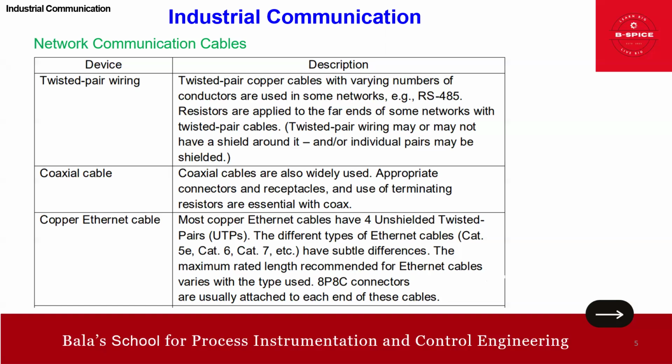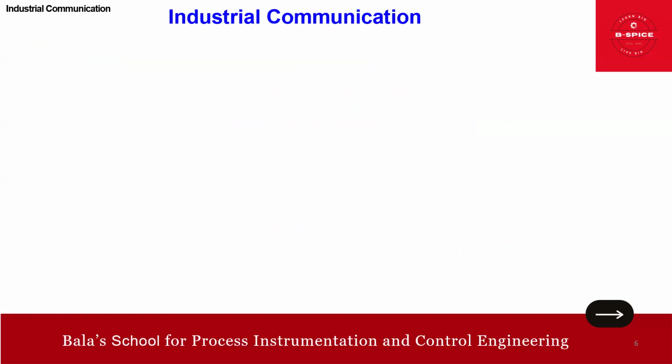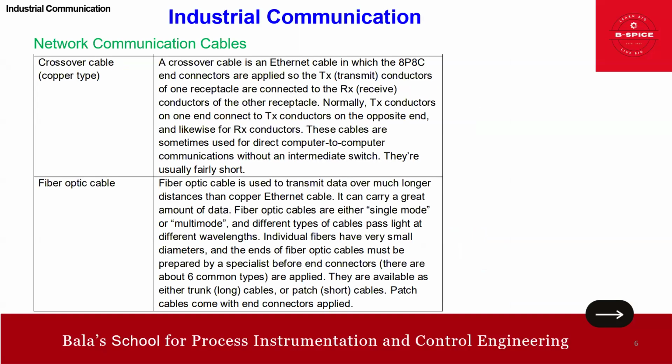Okay, friends, so this is about the communication cable. Of course, a few more to add. Crossover cable is basically a copper type. A crossover cable is an Ethernet cable in which the 8-pin connectors are applied so that the transmit conductor of one receptacle is connected to the receiver of another receptacle.